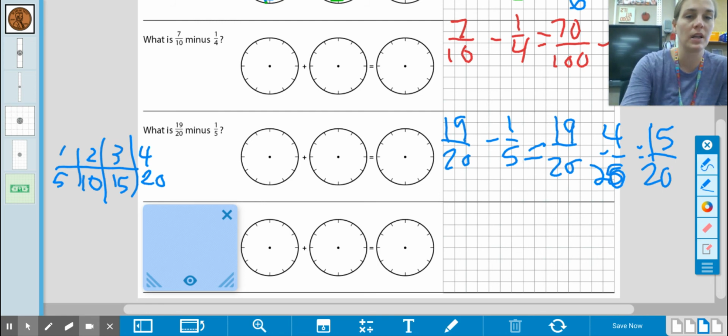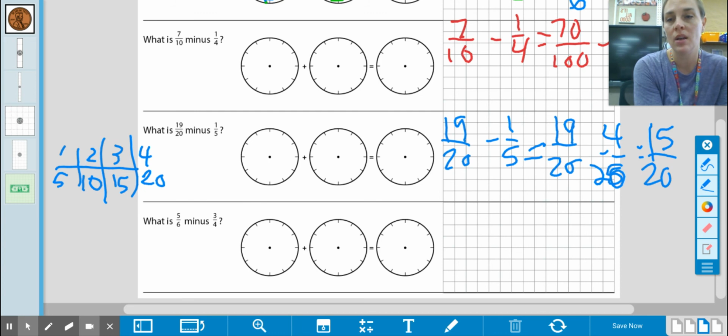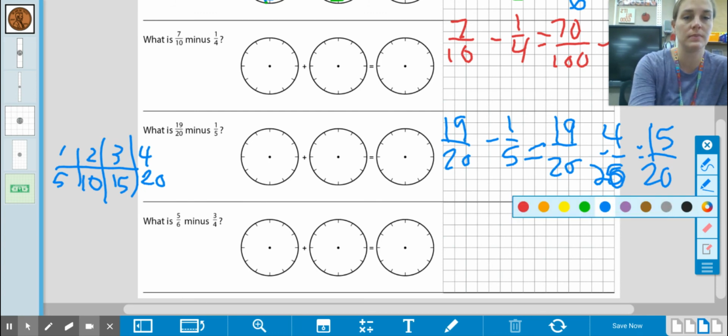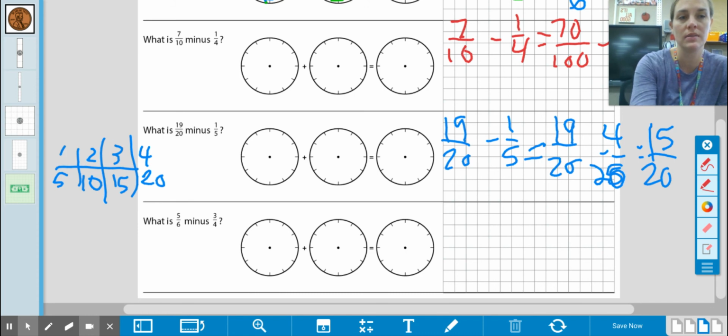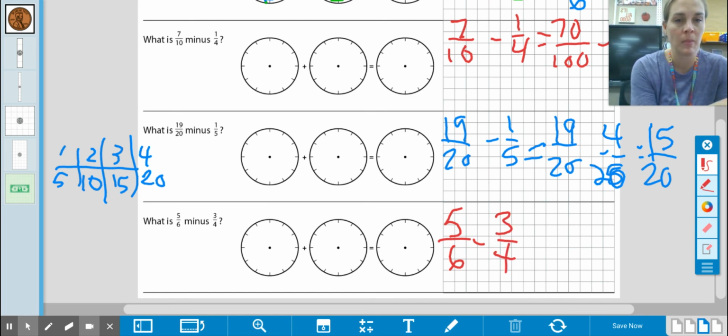And that final problem for our problem string today, what is 5/6 minus 3/4? Go ahead, let's write that down. 5/6 minus 3/4. All right, I'm going to use my clocks again for this because, hey, here are my 6, and I have 5 of them. 1, 2, 3, 4, 5.